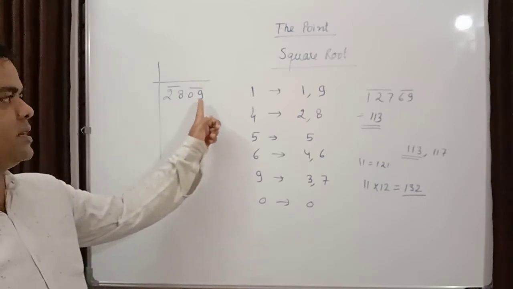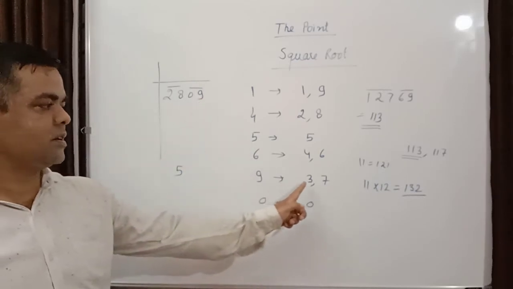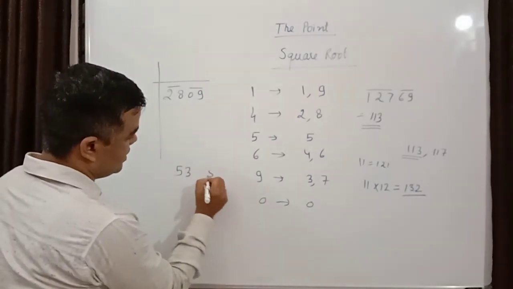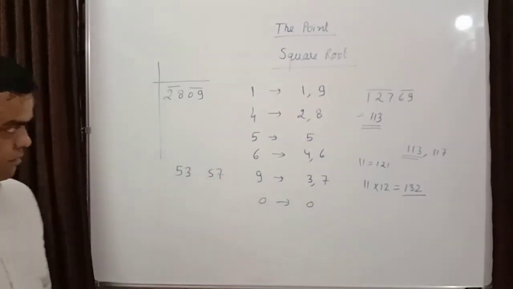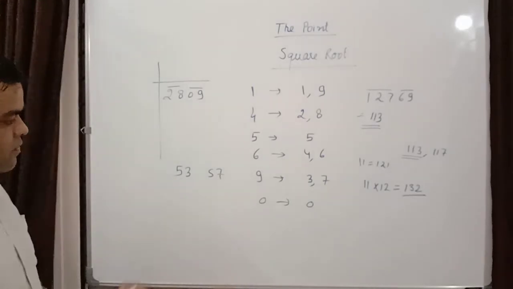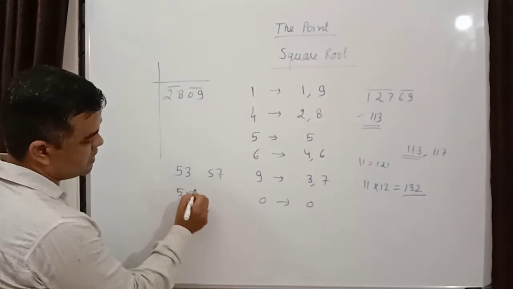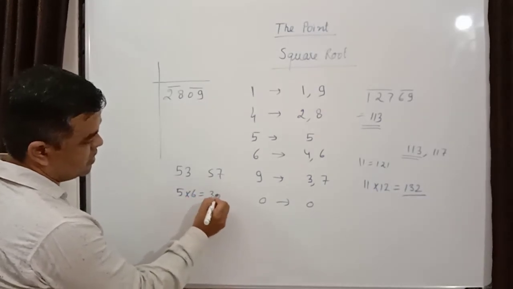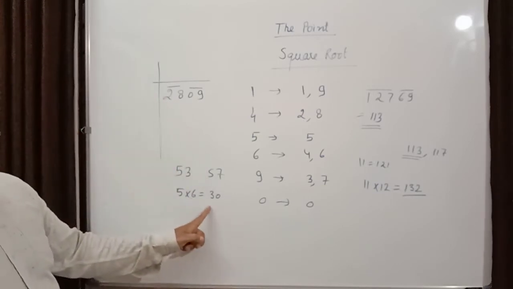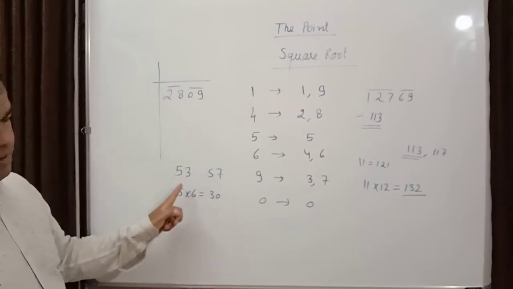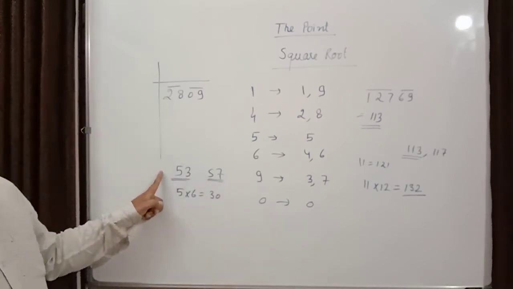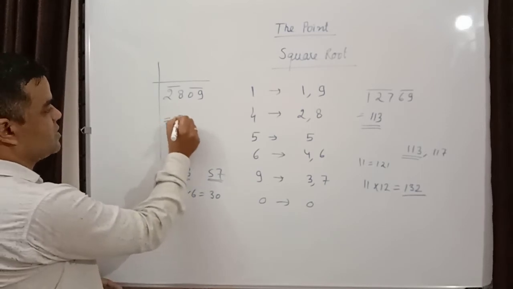Next, at the unit place is 9. So where is 9? Either it will be 3 or it will be 7. So the square root will be either 53 or 57. Now we have to find out which one is the answer. So 5 into the next digit 6 is 30. Now 28 is less than 30. So the answer is the lesser value. This 53 will be the answer. You can easily mark the answer, 53. So the square root of this number will be 53.